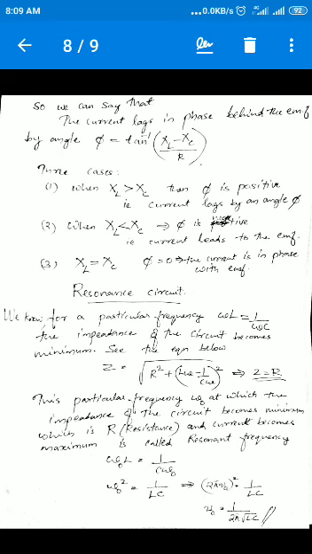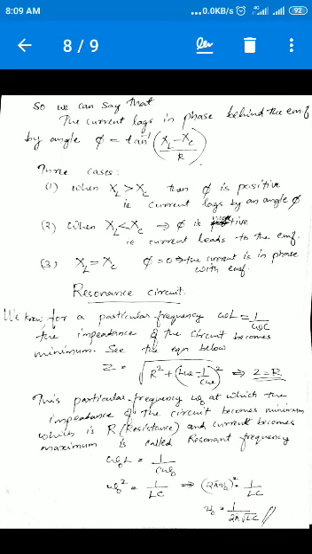So the impedance from the inductance and the capacitance will cancel each other. That means only we have the impedance from the resistance. That is the lowest possible impedance offered by the LCR circuit. So Z is equal to R in that case.